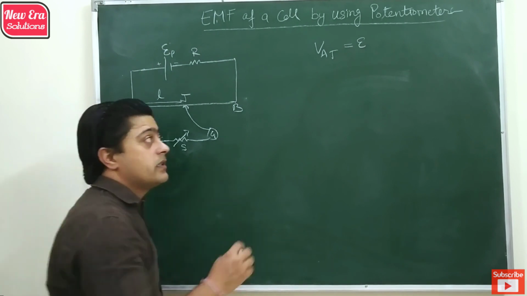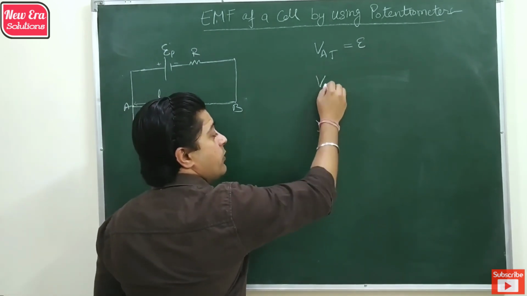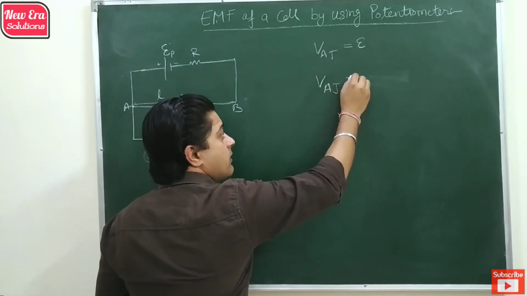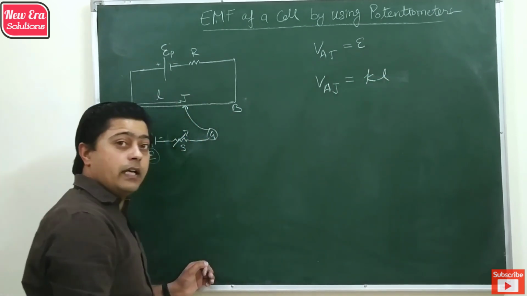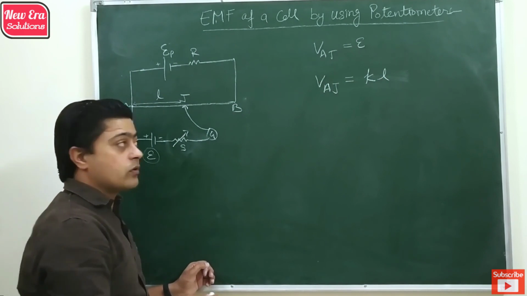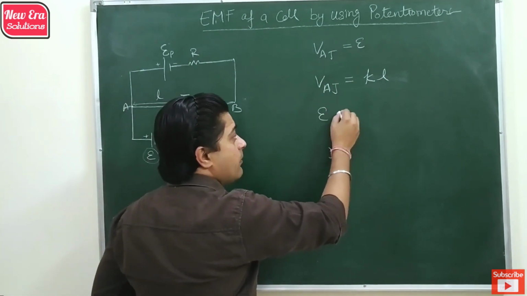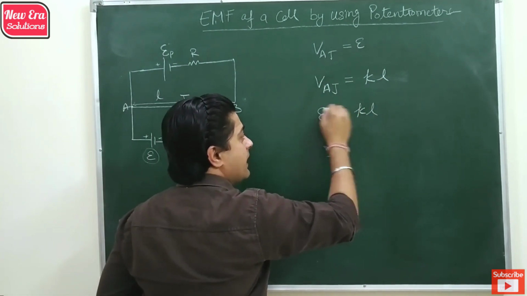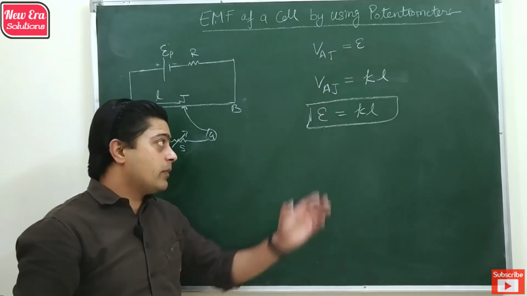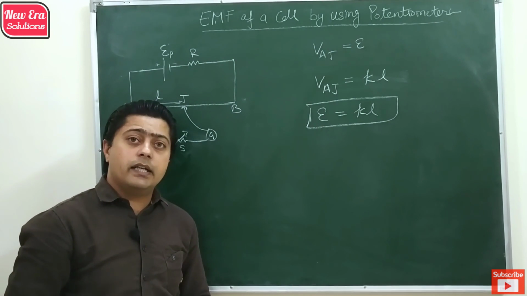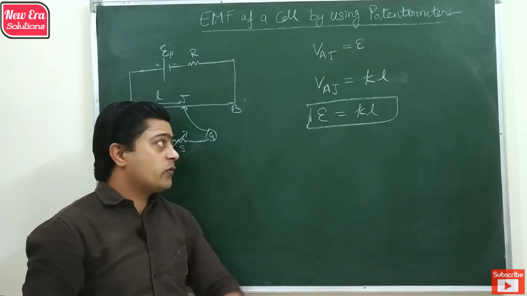And from the principle of potentiometer, we know that the potential across the wire is equal to the potential gradient into the length of that portion of wire. So EMF is equal to KL. So by putting the value of balance length and multiplying it with the potential gradient of the potentiometer, we can find the EMF of that cell.